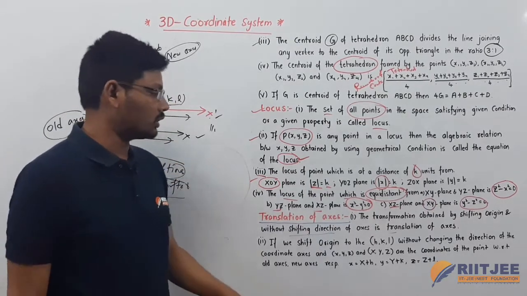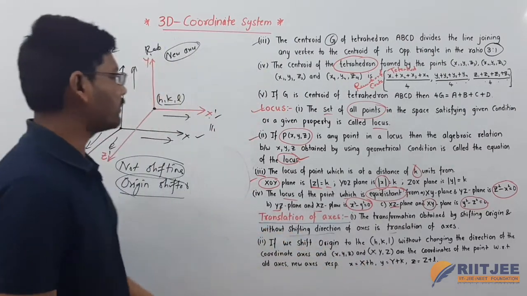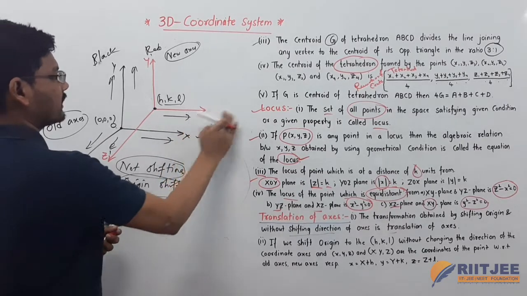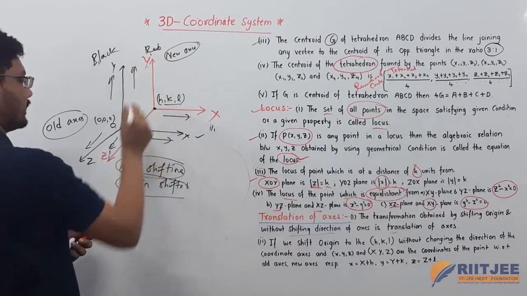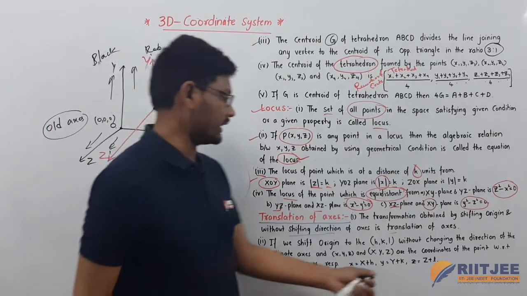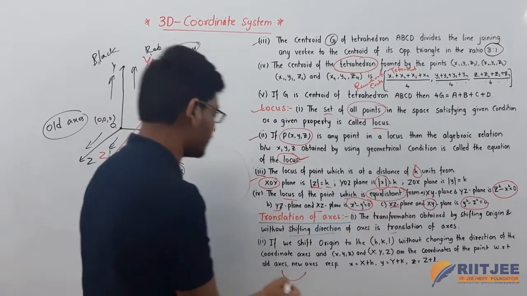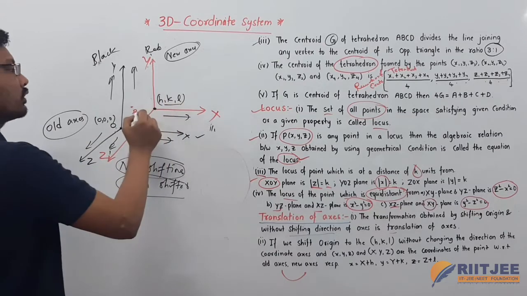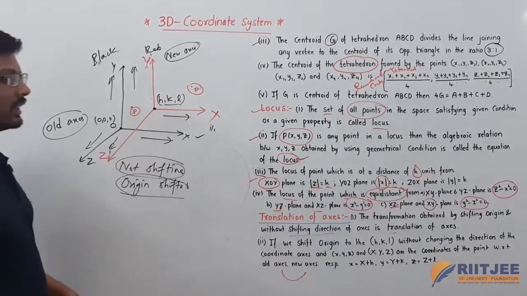The old coordinates are small x, small y, small z, and the new ones are capital X, capital Y, capital Z. Then consider a point P on the old coordinate system, and the point P dash on the new 3D coordinate system.